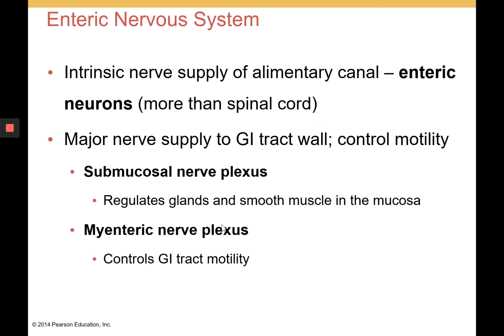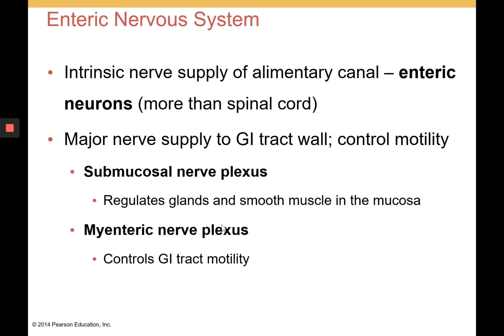Let's talk more about those enteric nervous system plexi. So there is an intrinsic nerve supply to the alimentary canal, meaning that we can find networks of nerves in the four layers of the alimentary canal. These enteric neurons serve the GI tract and control motility of these canals.